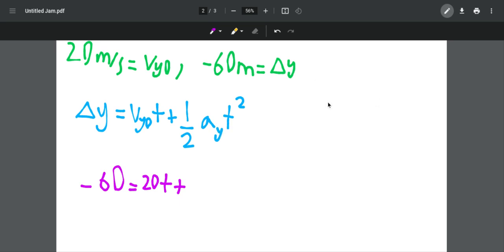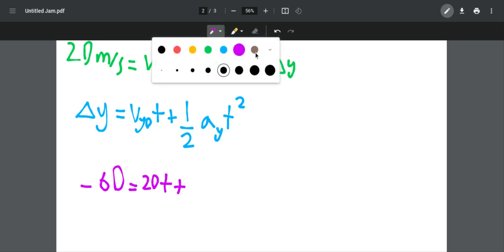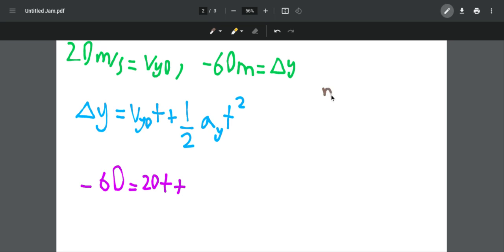Let me write a note: in this question, a y is approximately negative 9.8, but we use it as negative 10 for a better approximation. a y is equal to negative 10.